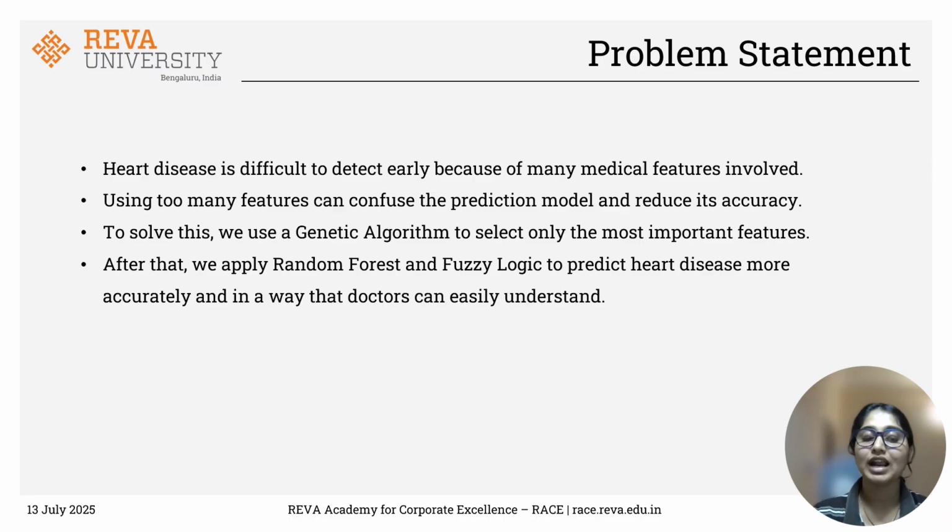Then we use the random forest for the prediction, to detect heart disease more accurately, and it makes the decisions understandable for doctors. This is the problem statement we have taken, and we'll be moving to the next slide.